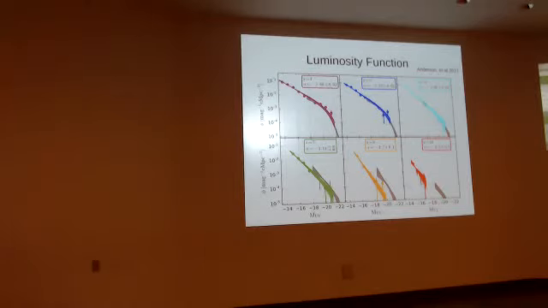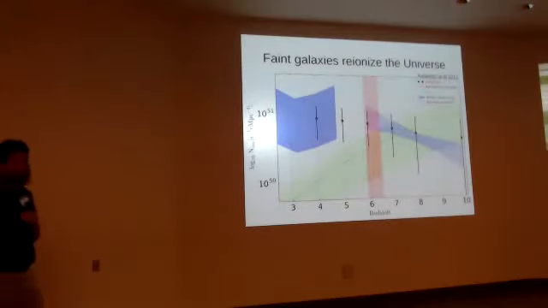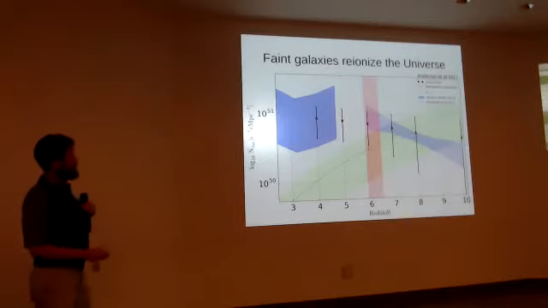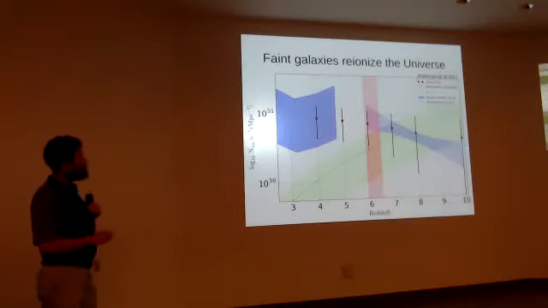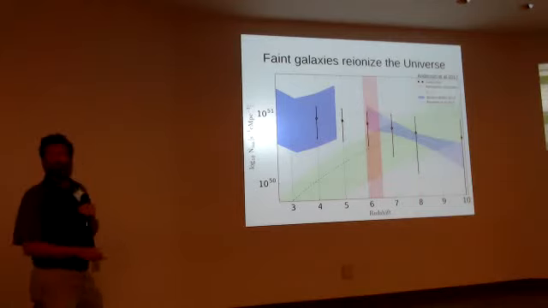And if you do the accounting of those UV photons, we see that the flux of ionizing photons coming from the small galaxies as a function of redshift from our simulations, that's the dark points, becomes sufficient to keep the universe ionized at about a redshift of 6.